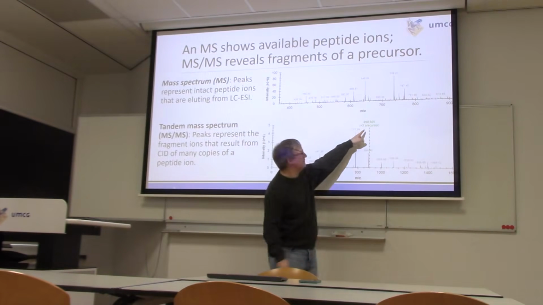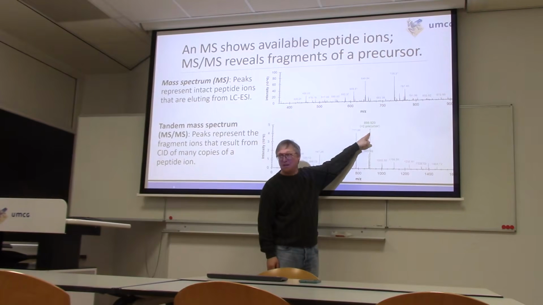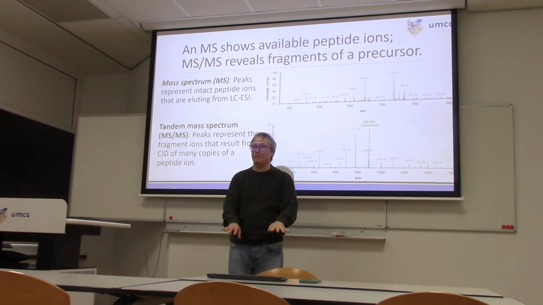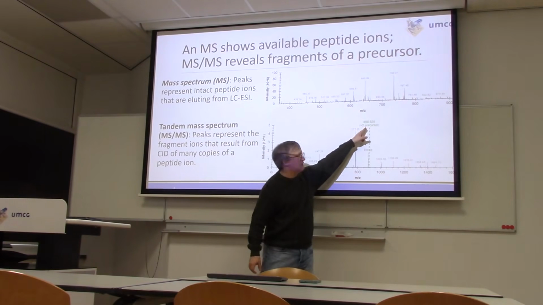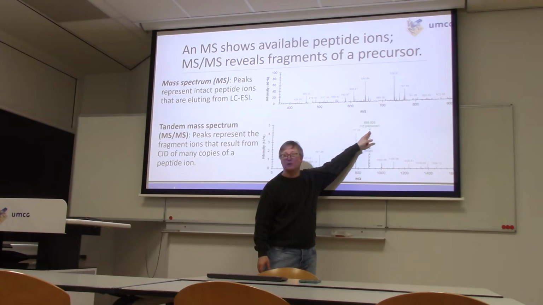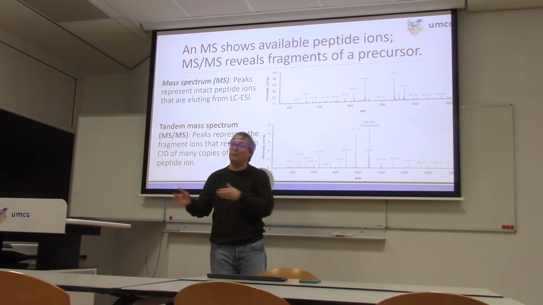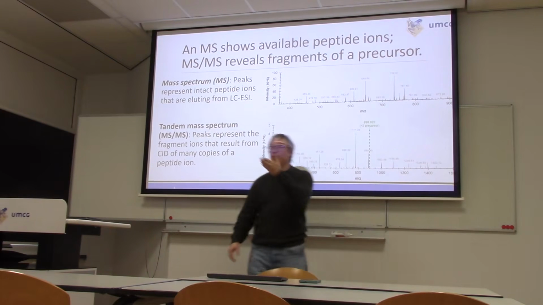They have higher mass to charge. This is a +2 peptide. It's broken to produce a bunch of +1 fragments. We could talk about why that happens, but it's a little beside the point for today. So, because the fragments have lower charge and lower mass, it is still possible for them to be higher in mass to charge, but not higher in mass.